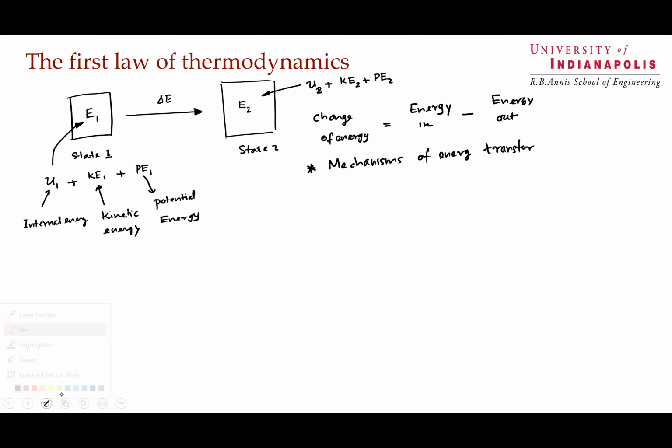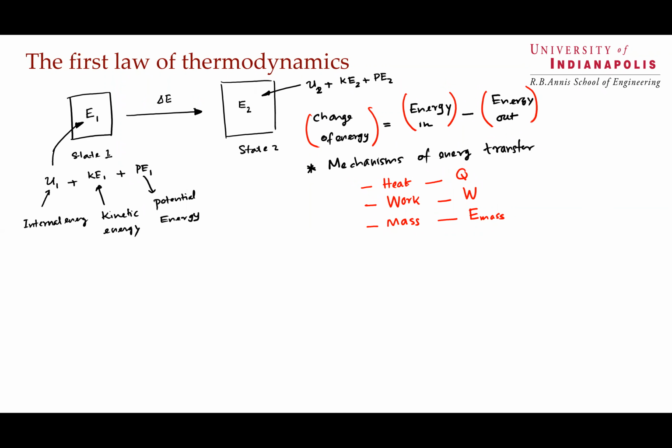The first one here is heat, work the second one, and mass. So we denote heat by Q, work by W, and mass energy is E mass. So if you want to find energy change, according to this equation, change of energy is energy in minus energy out.